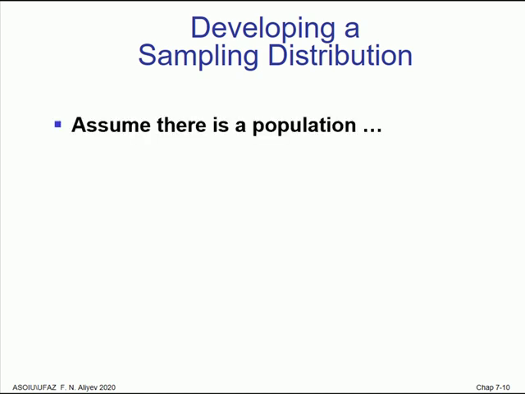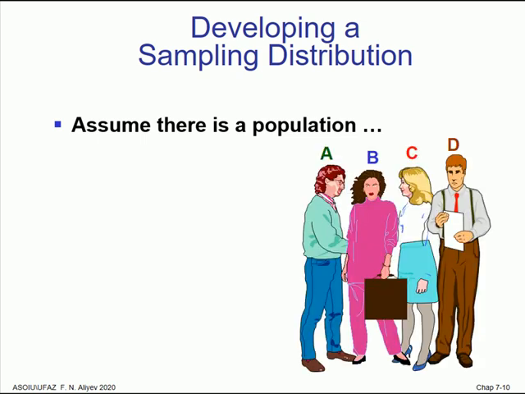Suppose that we have a population that just consists of 4 persons. Actually, it's not correct. Population is always a big set. This is just for explanation, okay? Just for explanation, we take a population which consists of just 4 elements.